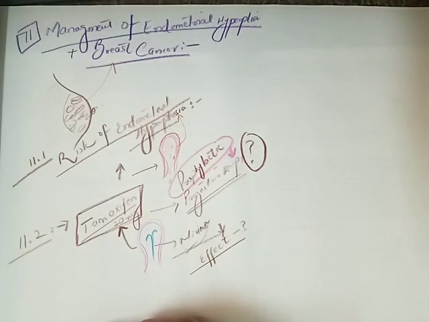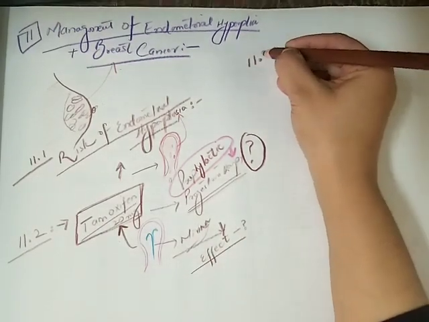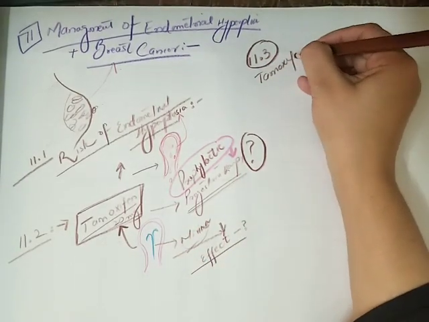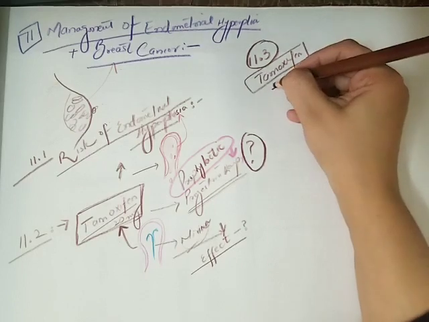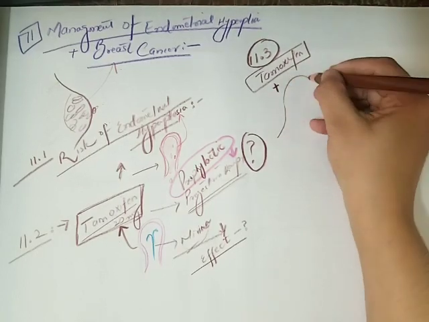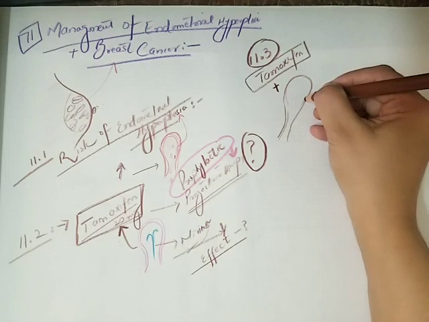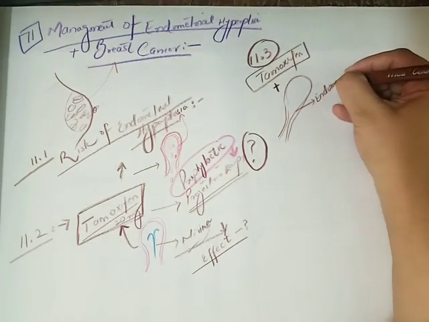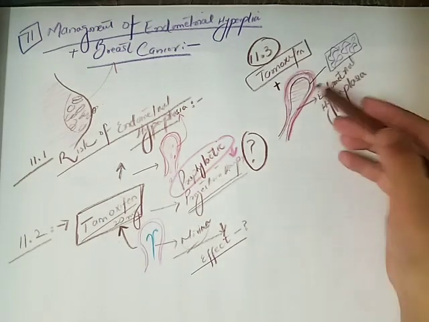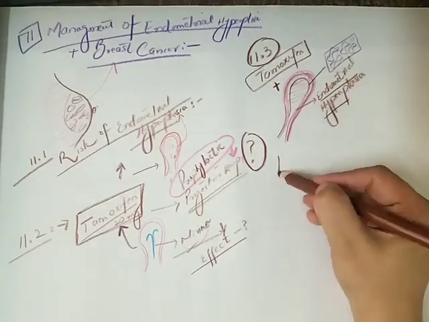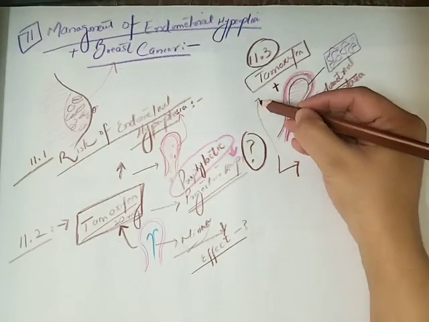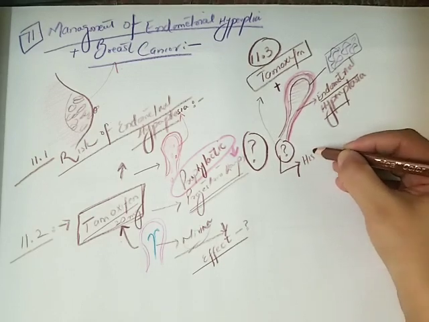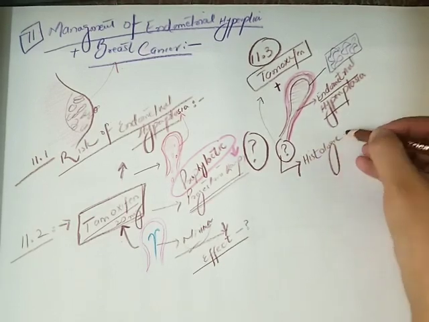Now there is another group of women who actually develop breast cancer. They are on tamoxifen, and they also develop endometrial hyperplasia, so actually they are patients of endometrial hyperplasia now. In that woman, the need for tamoxifen, whether to give it or not, depends first of all on the histological classification.